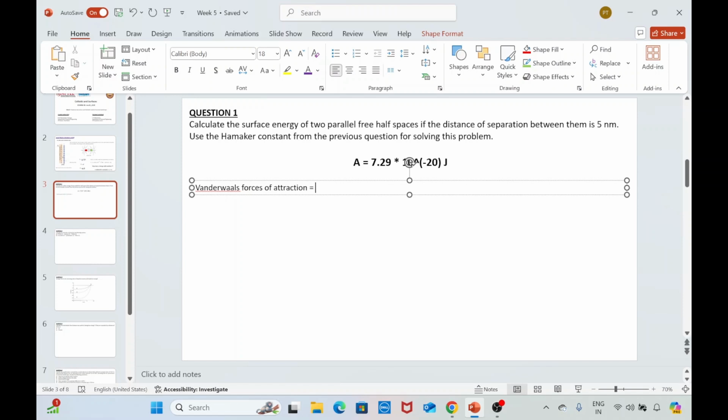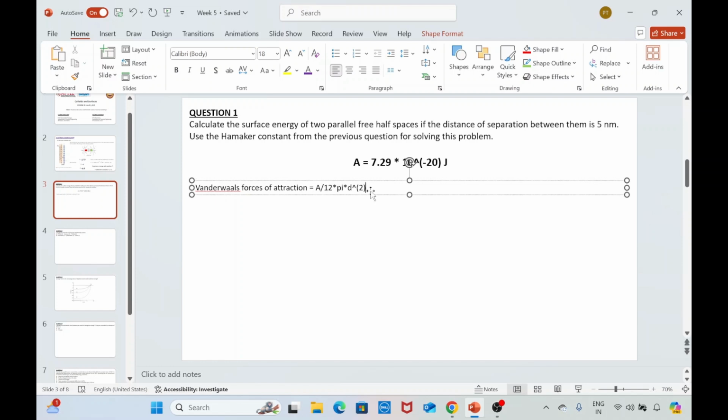So again, I'm writing the expression. It is A by 12 times pi times d square. Again, we have a minus, but a minus usually, in case of van der Waals forces, represents attraction.